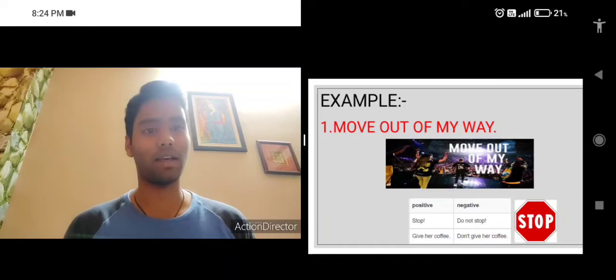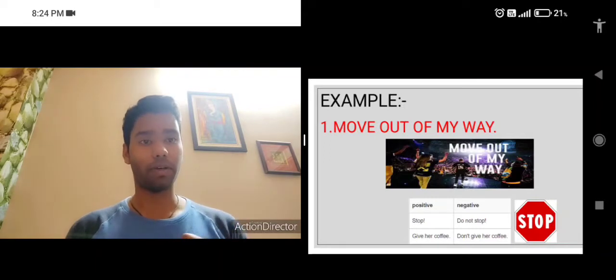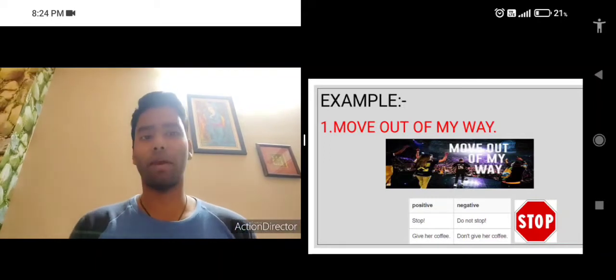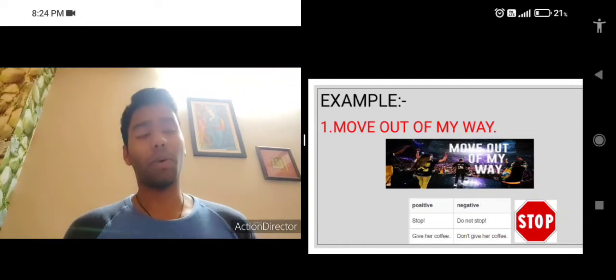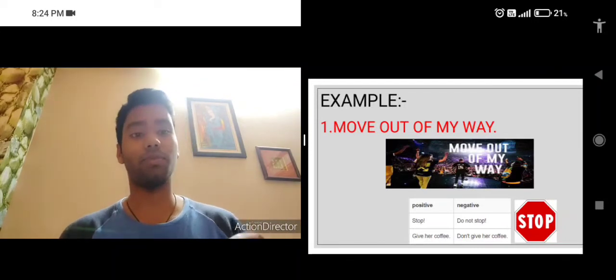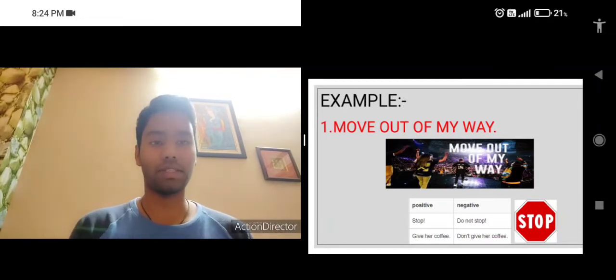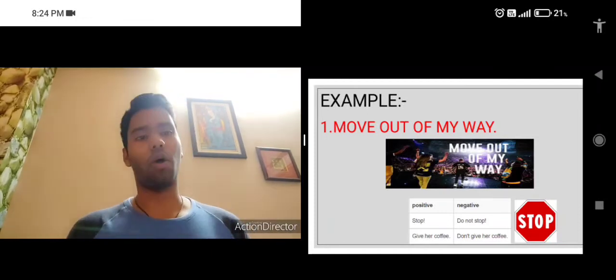Now let's look into some positive and negative types of these sentences. First we have, stop. Here you might be confused because stop should end with an exclamation because you're exclaiming. So in this type of scenario, understand the sentence and then judge which type of sentence it is. The negative form of this statement would be, do not stop.